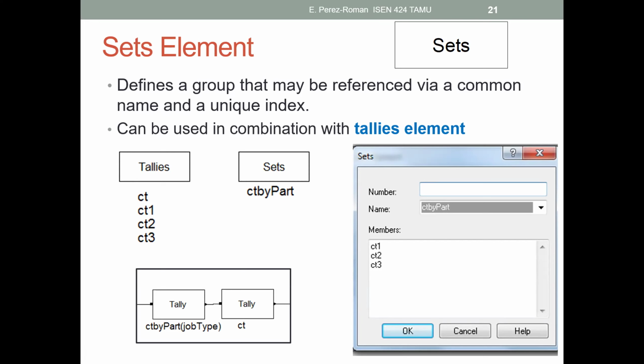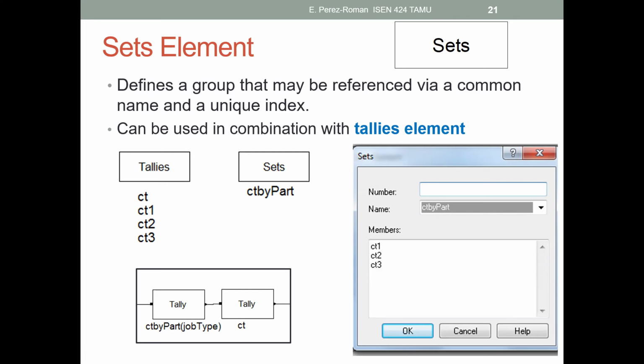Let's say you have 3 different part types, and you can use a branch to separate the entities based on part types. And then you can tally those by group separately. So this branch is part type 1, I'm tallying only part type 1. This branch is part type 2, I'm tallying only part type 2.